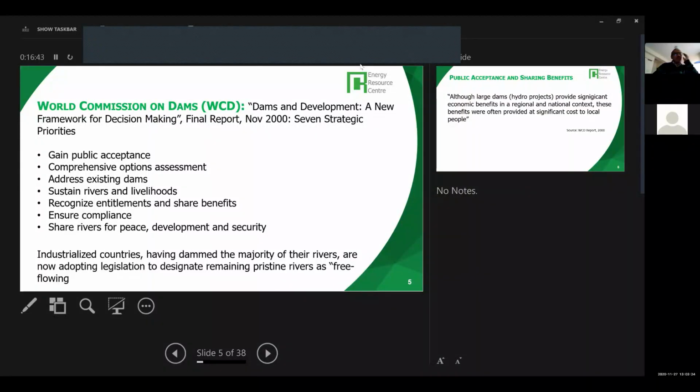So they came up with 7 strategic priorities. I think it is important to recognize these strategic priorities. These include, first, you have to gain public acceptance. The people have to accept this project. Otherwise, the project will face problems in construction and in operation.